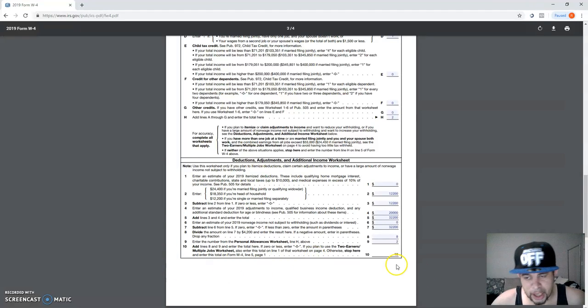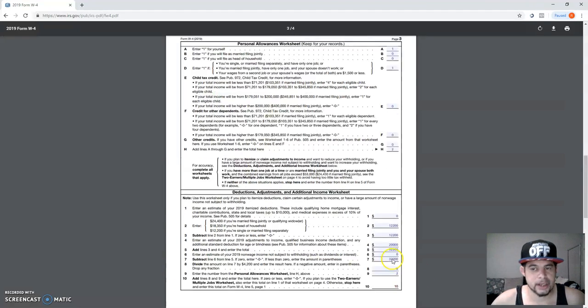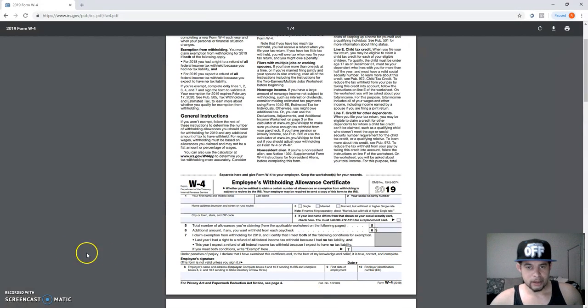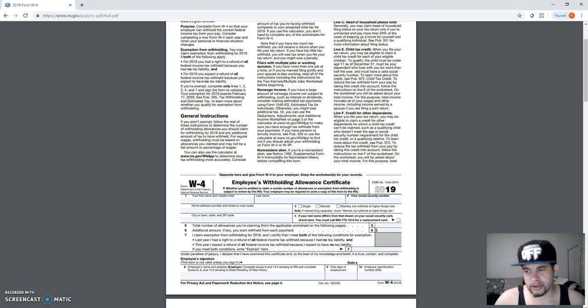Alright, so now you take that 10 here, and you're going to go back to your first page. Right here, it says employee withholding allowance certificate. Sorry. This little section right here is basically what you're going to be giving to your employer, and obviously they handle the rest from there.